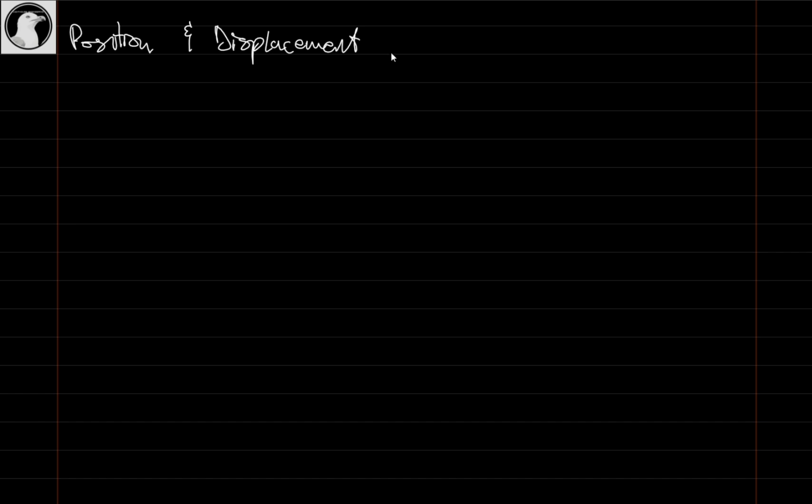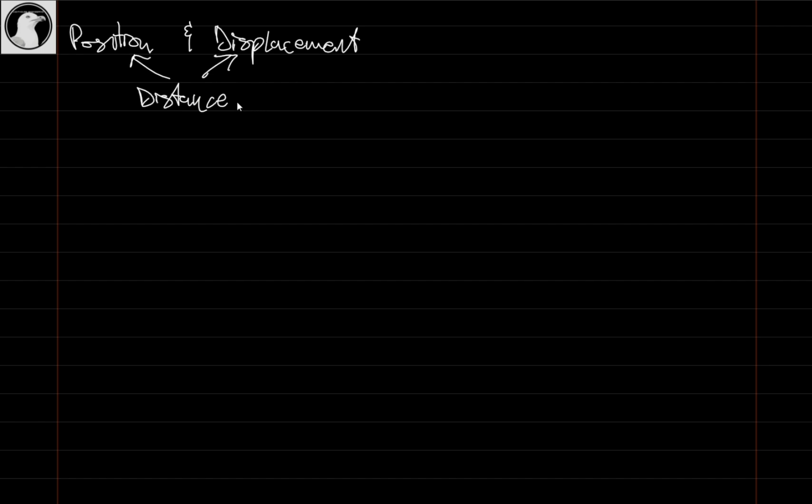Now, what do I mean by position and displacement? We could use these two instead of using distance. These two are directly related to distance, meaning that they are a substitute for distance.